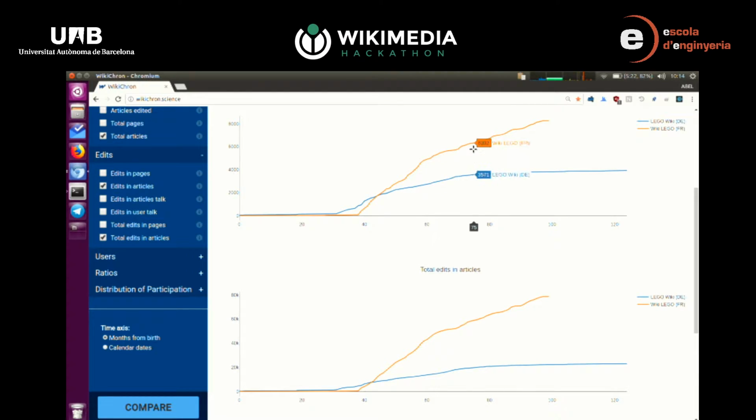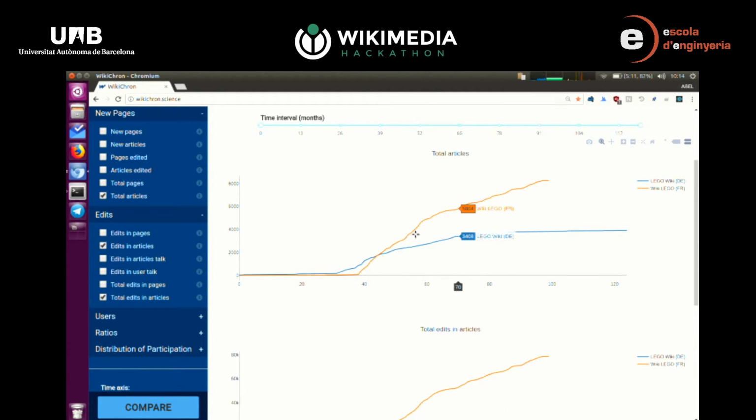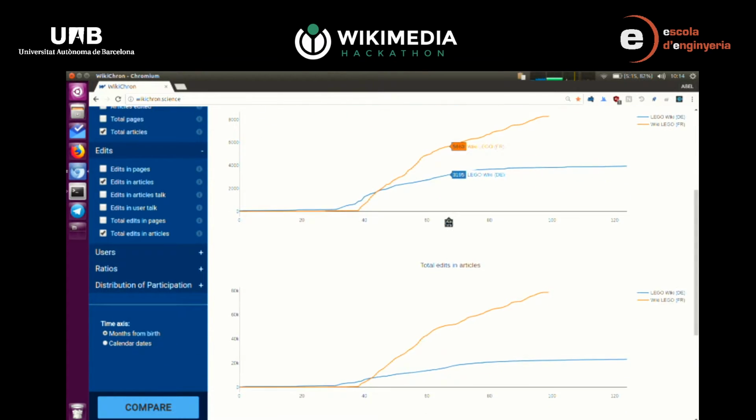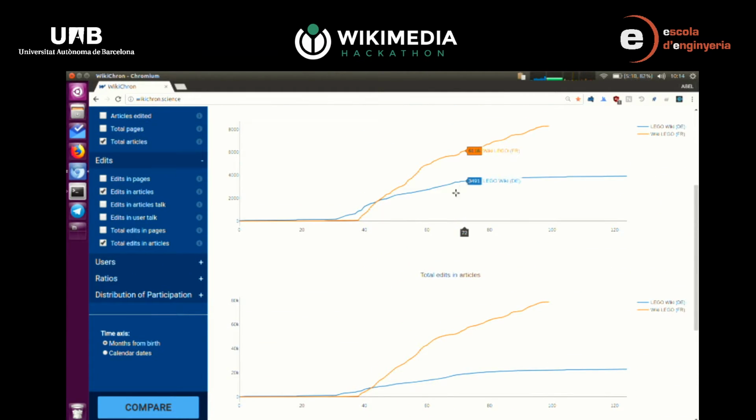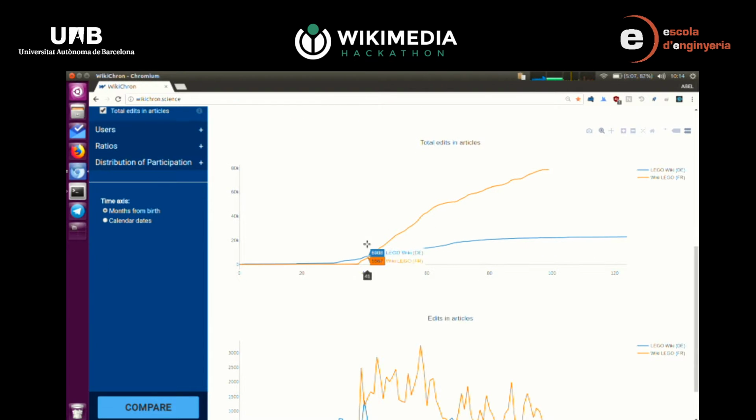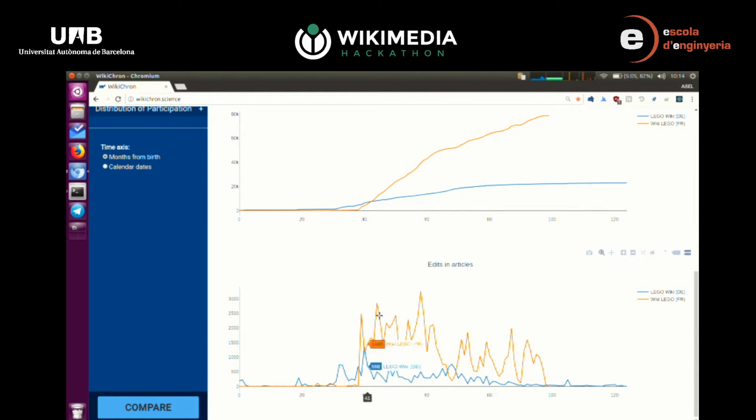So the French Lego wiki is going more productive. It has more articles, it has more edits, and from 40 months until 100 months it is becoming a much more productive wiki. They are generating more content.